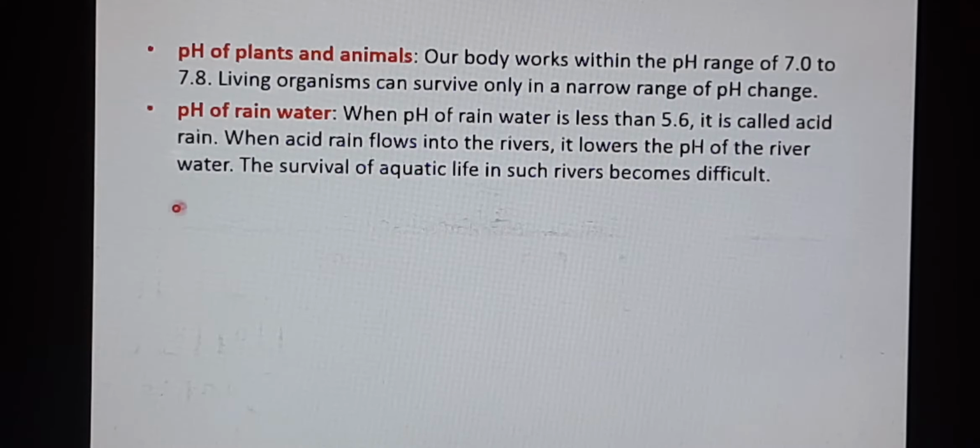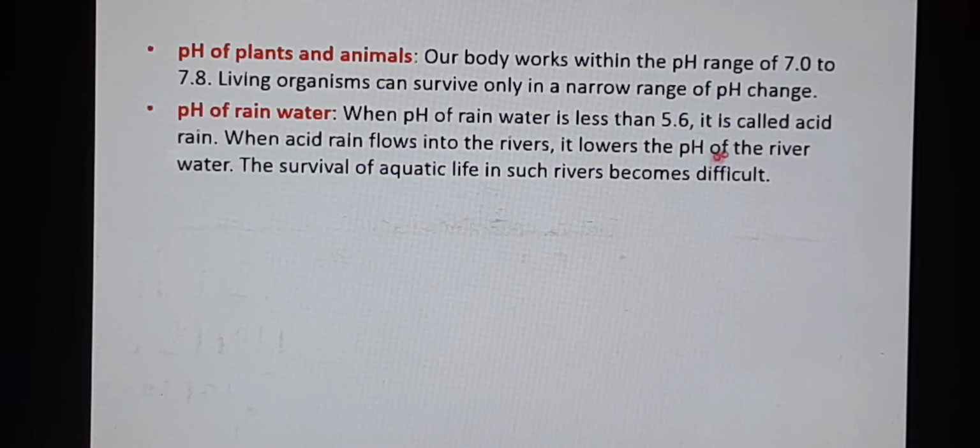So that's why when acid rain flows into the rivers, the pH value of the river water will become lower than this, due to which the water will become acidic. See, the survival of aquatic life in rivers becomes very difficult due to acid rain.